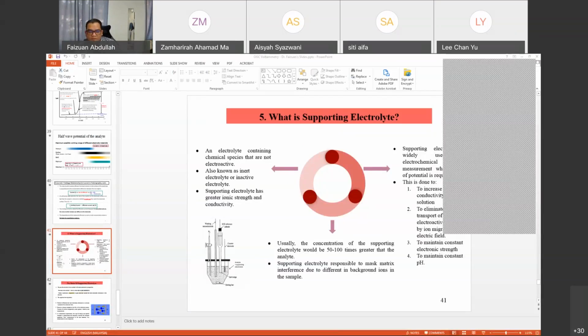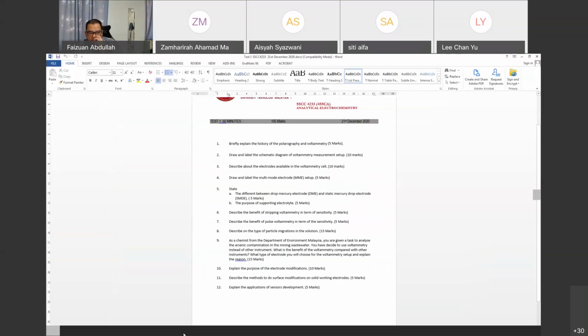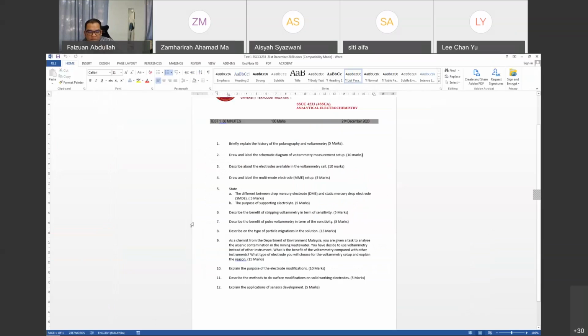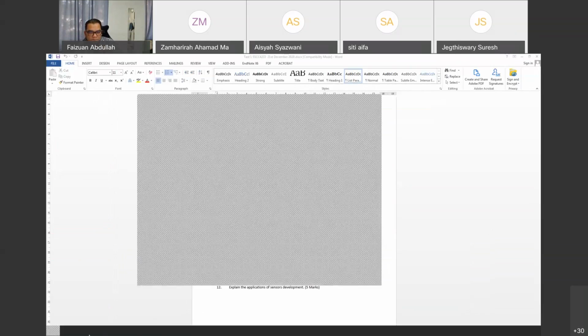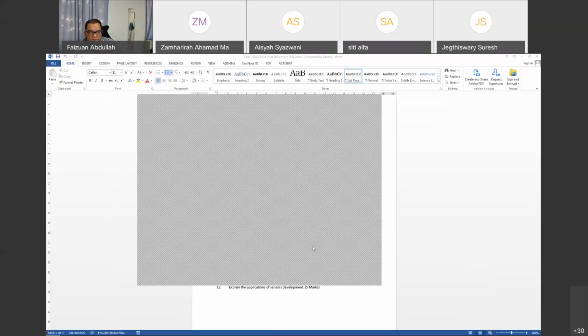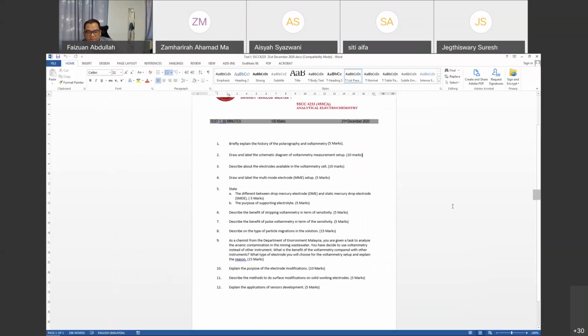Doktor. Okay, soalan nombor 5. Nombor 6. Describe the benefit of stripping voltammetry in terms of sensitivity. By increasing its Faraday current. Okay, good. Thank you. Kena explain lah. Dapatlah 5 markah tu. Bagilah ayat sikit kan.